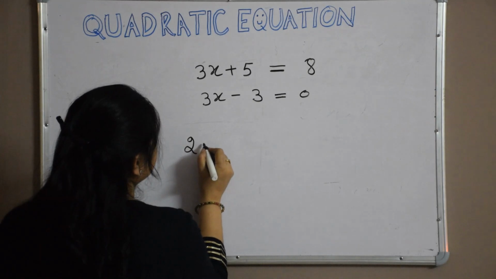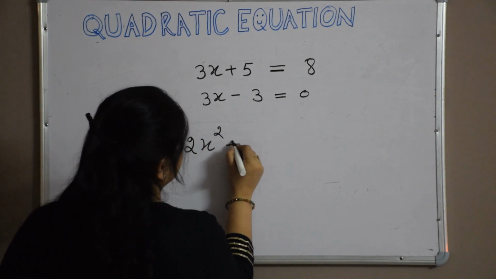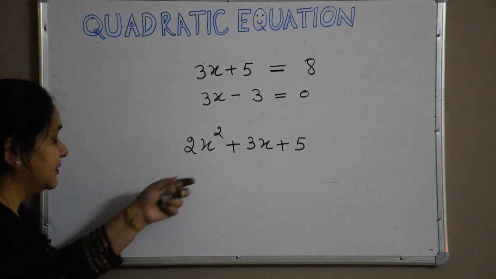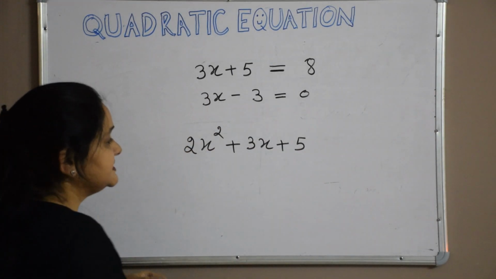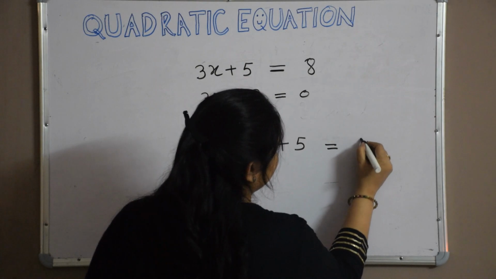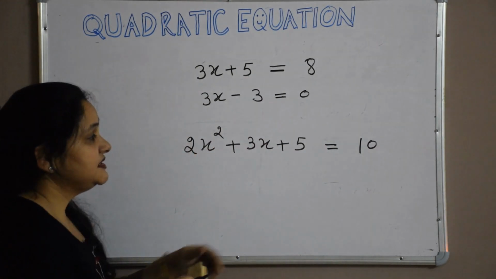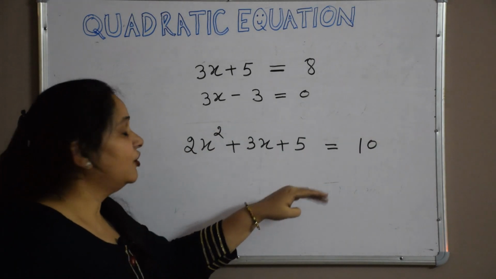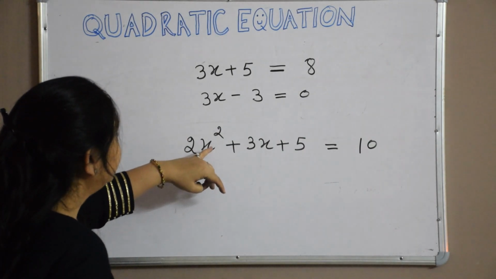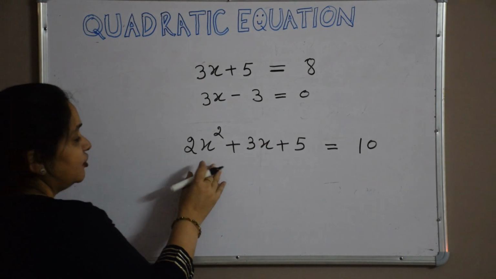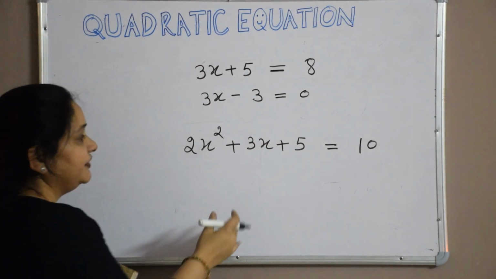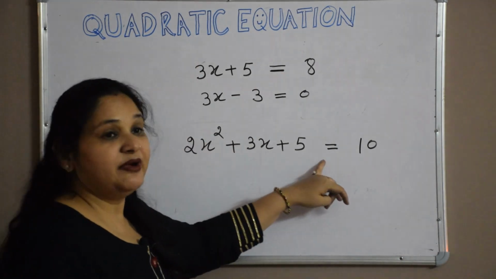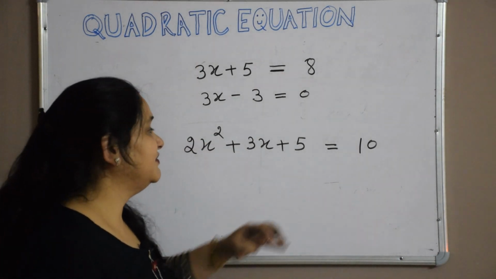Quadratic means whenever a polynomial of degree 2 is equated to some number, using the equal sign, it becomes a quadratic equation of degree 2. Quadratic equation means, I already told you, equation of degree 2, and equation means what? When a polynomial is equated to some number, it becomes an equation.